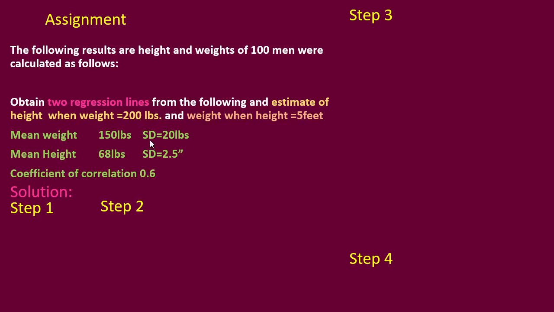You can directly apply the values to the regression coefficients. And the coefficient of correlation is 0.6. Based on this, you should find out the regression lines first. After that, you can apply the values to the regression lines and you will be able to find the estimated height and estimated weight. I hope you can try this one and we can discuss your answers in the next class.